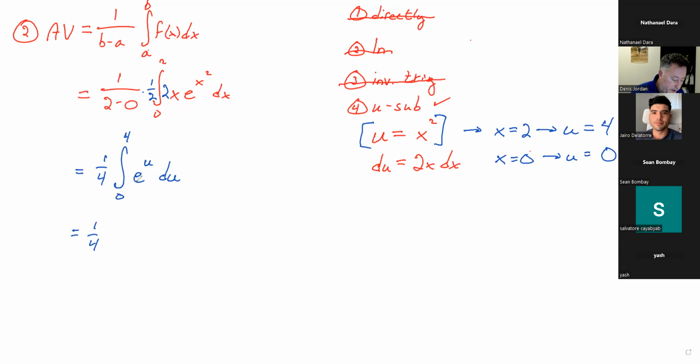Now you can just integrate and get e to the u, and use the new bounds of 0 and 4 without having to change it back into terms of x. You can totally change it back into x and use 0 and 2 if you wanted. You'll still get the same exact answer.